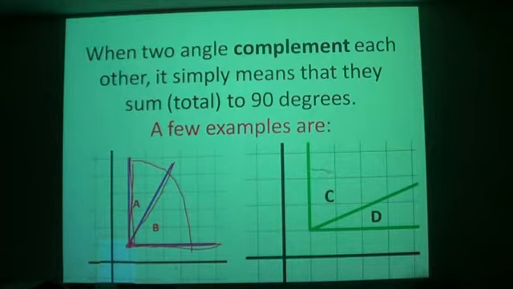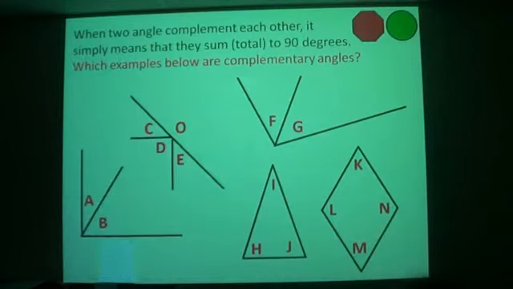Here we have angle C and angle D. We don't know what they are, but we do know that the total of the two is 90 degrees. They have a common vertex and a common line. All right? When 2 angles complement each other, it simply means that they sum to 90 degrees.